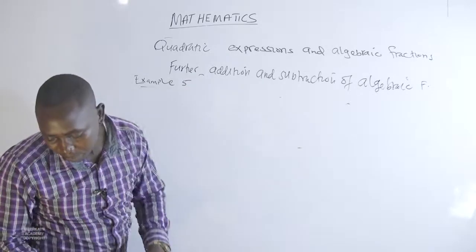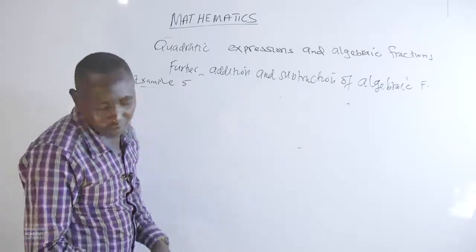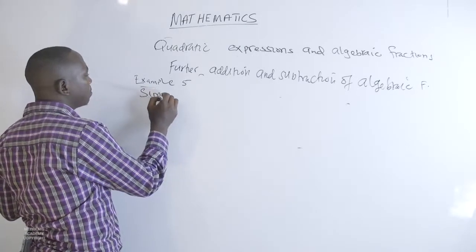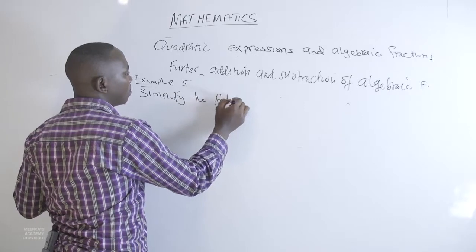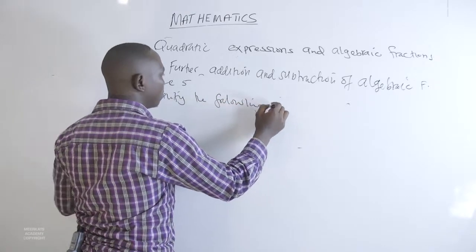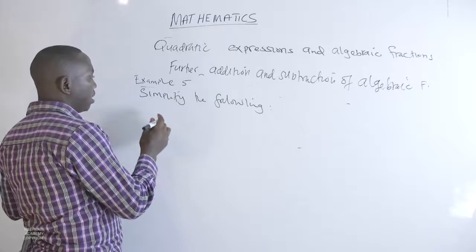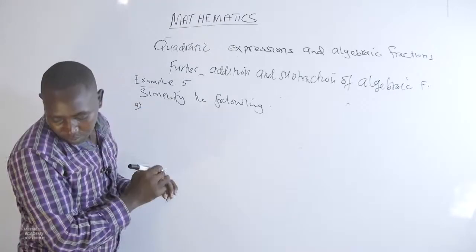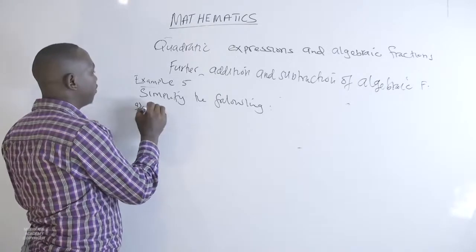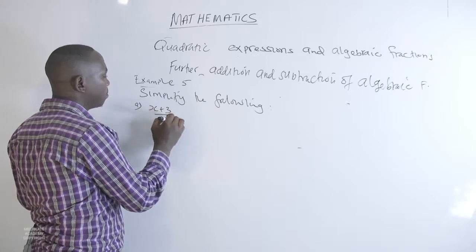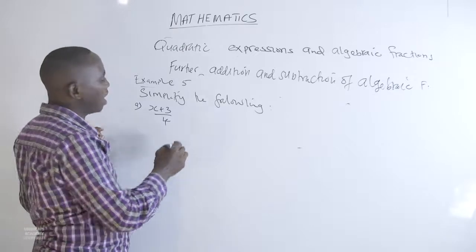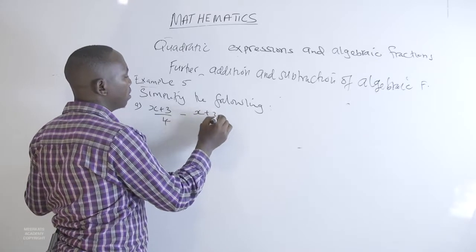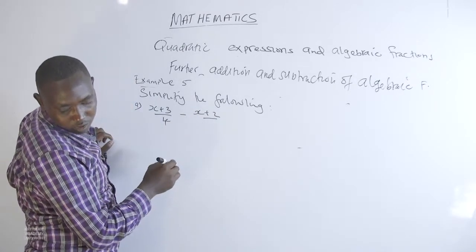Example 5. Simplify the following. Number 1, we have x plus 3 over 4 minus x plus 2 over 3.